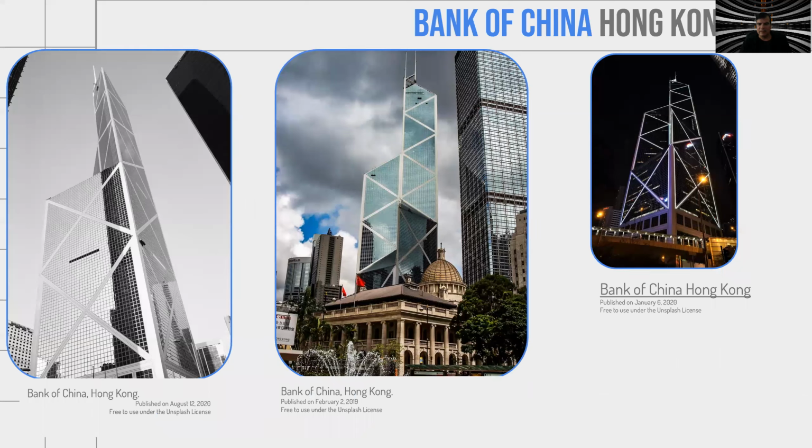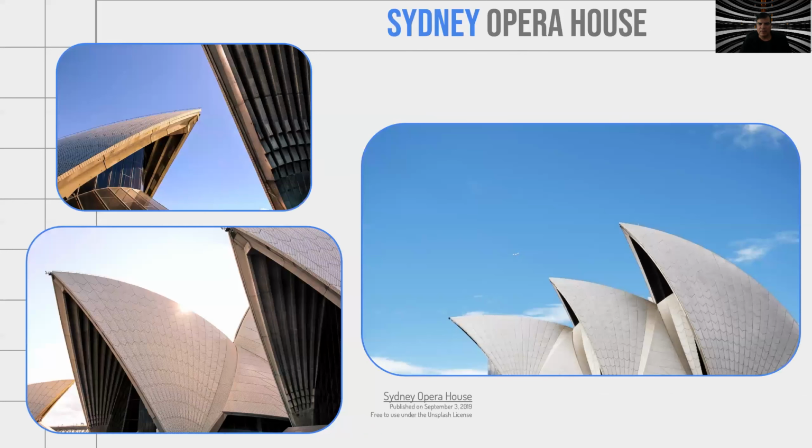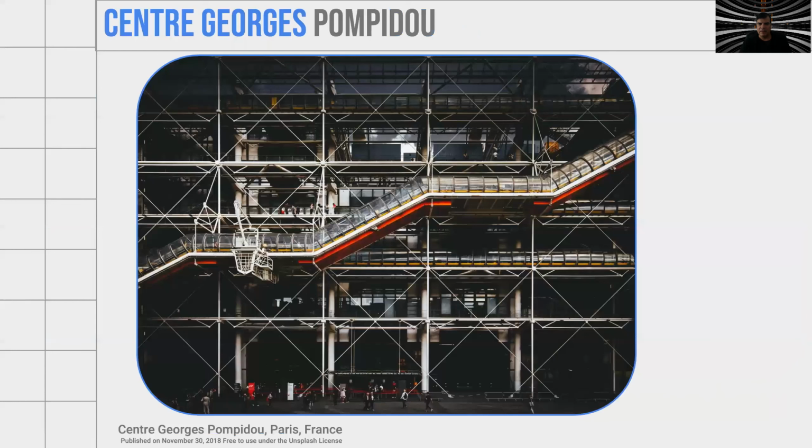There are some very interesting buildings that have very good and innovative structures, at least at the moment that they were made. One example is the Bank of China in Hong Kong. You can see here that it's like a truss that goes all around the building. The Sydney Opera House was also a very innovative building.